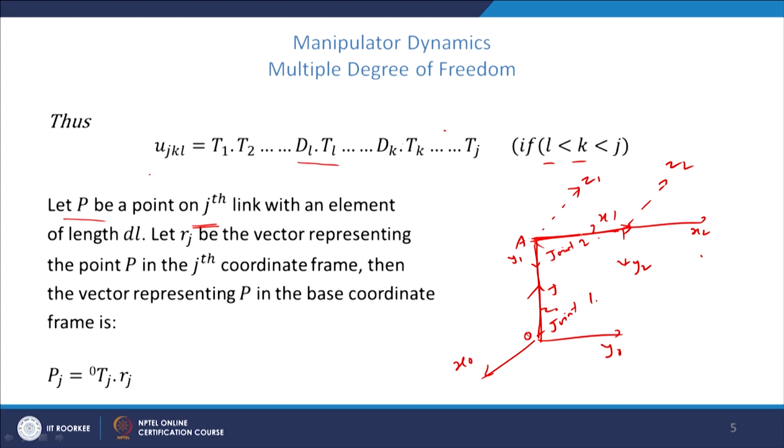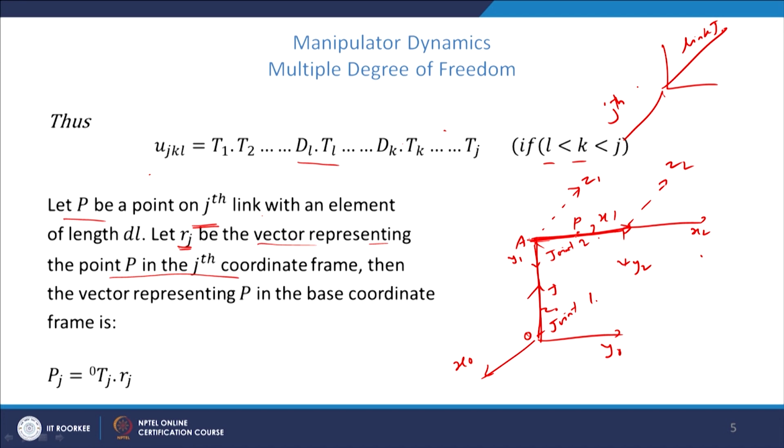So, we take a point P, a general point P on the link 2 with respect to x2, y2, z2. Similarly, let P be a point on the jth link with respect to the jth coordinate frame. So, now let Rj denote the vector representing the point P in the jth coordinate frame.